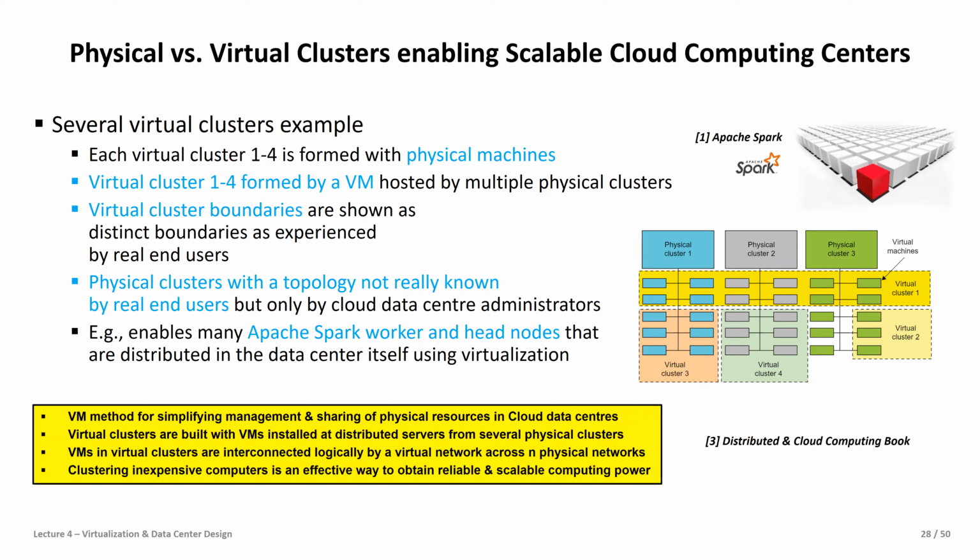And they're really, in a way, completely independent from the physical cluster. I mean, completely is a wrong word in this sense, that, of course, it runs on the physical cluster, but it's not limited by it. So it can span, as we see here in the illustration, 3 different physical clusters for the virtual cluster one.